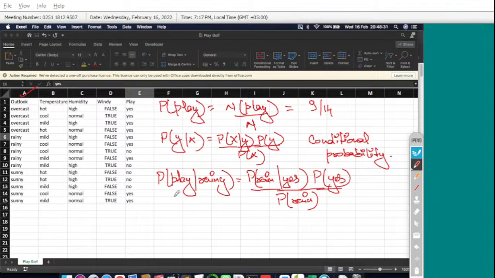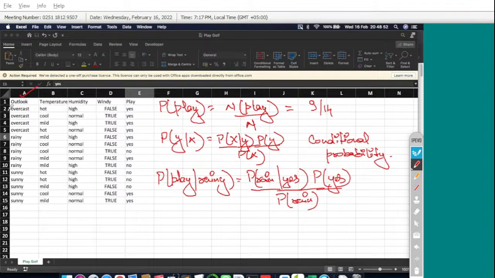If we want to calculate the probability to play if it's raining, how do we calculate this? Probability to rain when we were playing, multiplied by the probability of play, divided by the probability to rain. Now let's see what this value is.